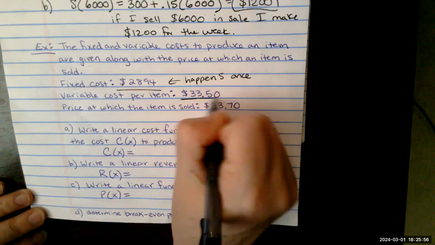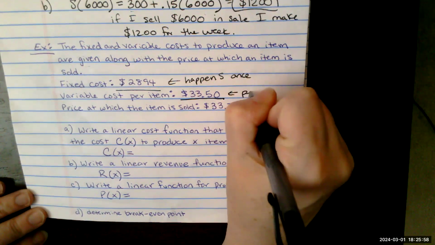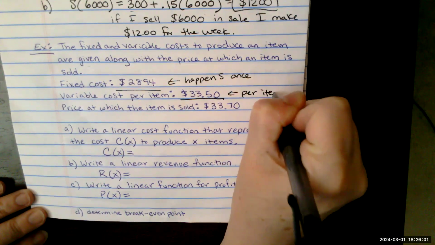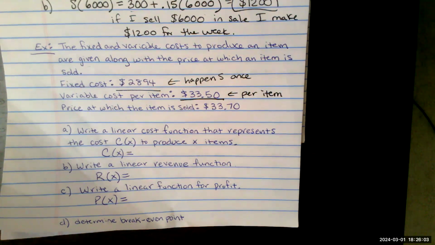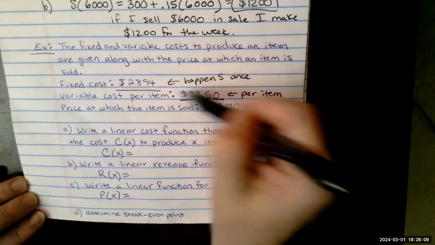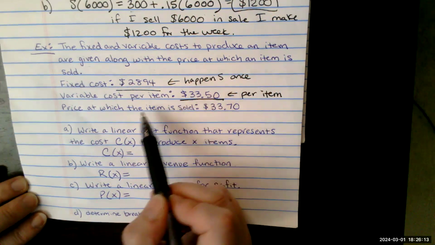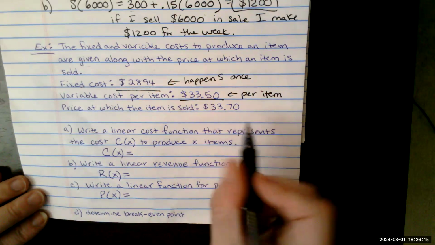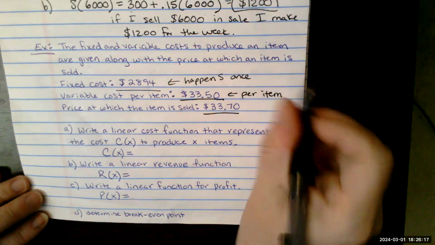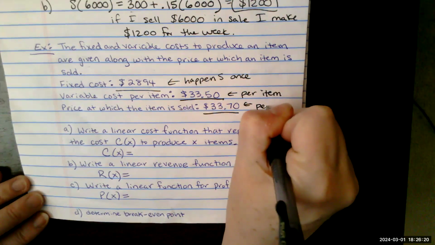So this cost is what it costs per item. So it will depend on how many items I make, how much I'm going to spend on that, right? And then after I pay my fixed cost and add the cost per item, I'm now going to try to sell this item. And here is what I'm trying to sell it for, again, per item.